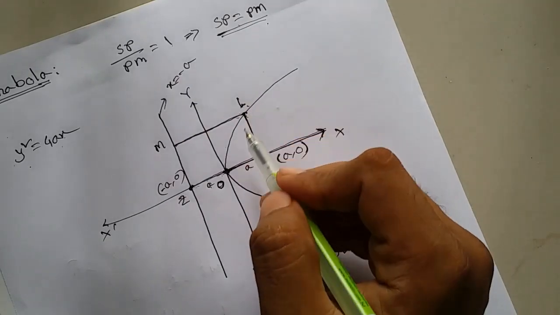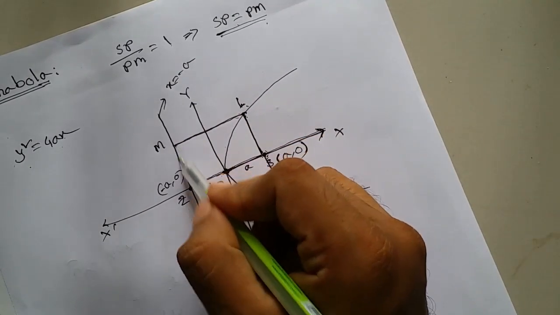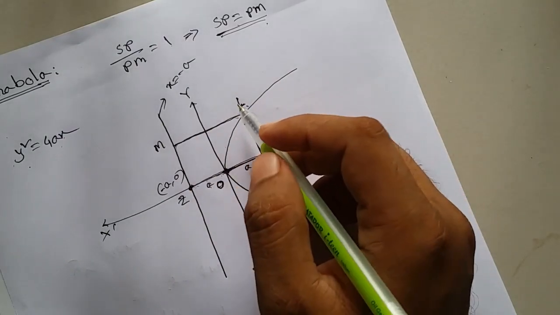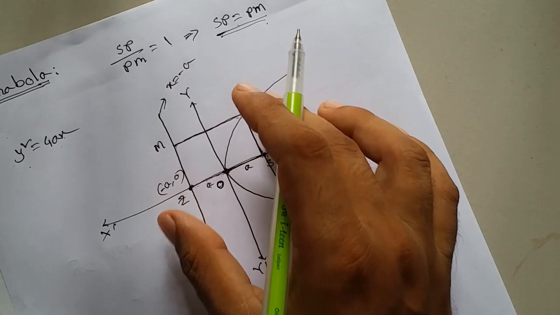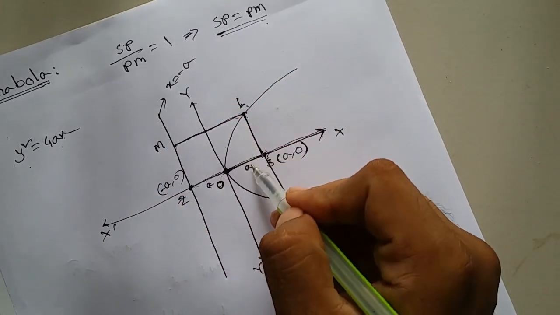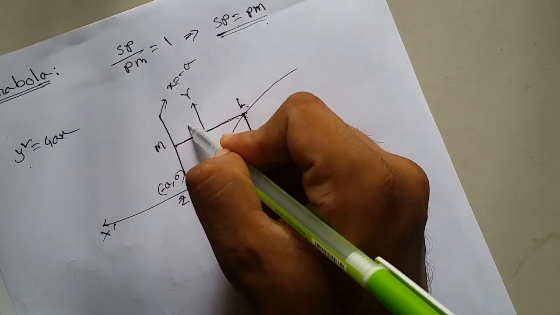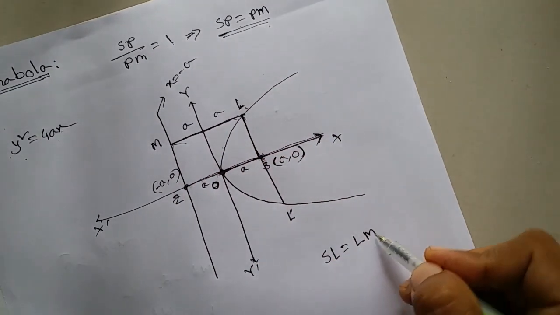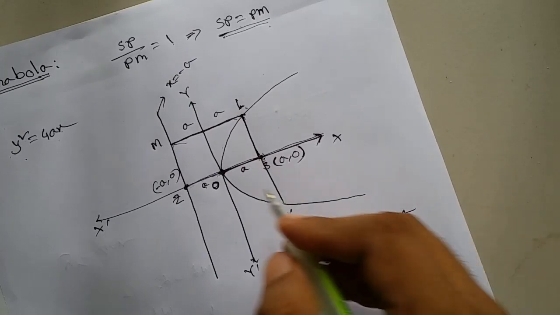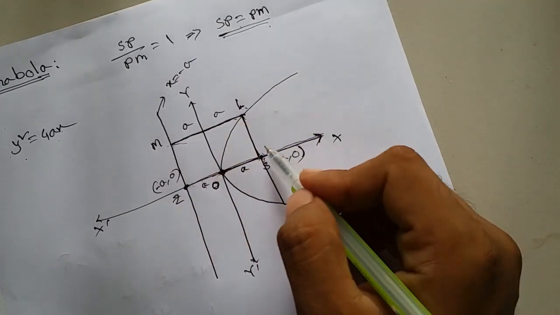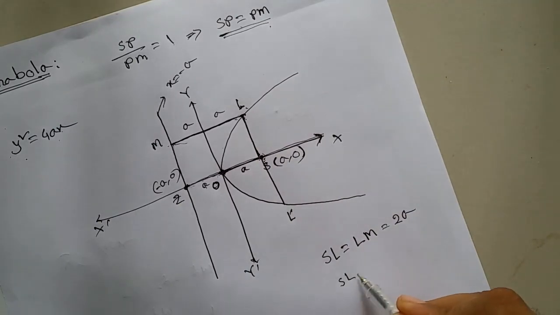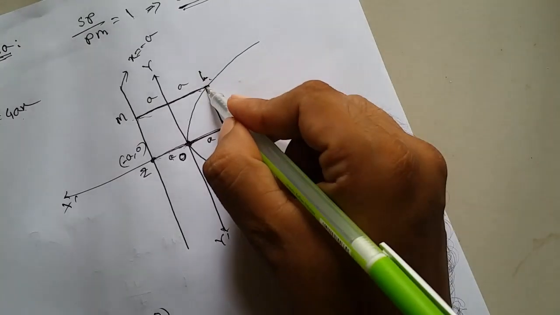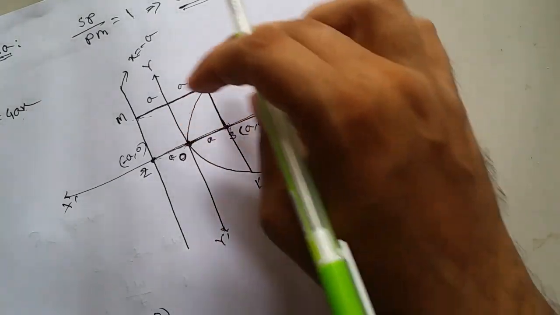Here this length is a, and this is a square. This is a, this is also a, so this length LM is equal to 2a. And SL equal to LM, so SL equal to 2a. SL is also 2a, and latus rectum is L L prime, so L L prime is 4a.